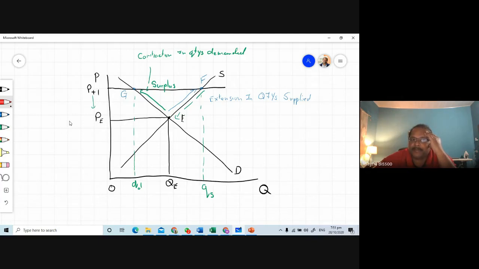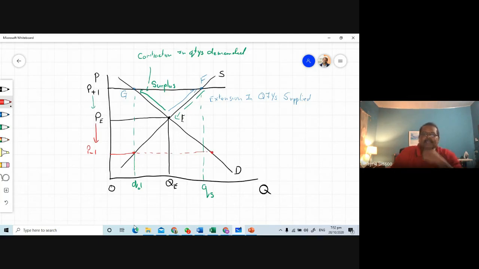Now, what will happen if, in the opposite case, prices were to fall from PE down to, say, P-1? In this case here, we have a situation where we have disequilibrium occurring again. All right.